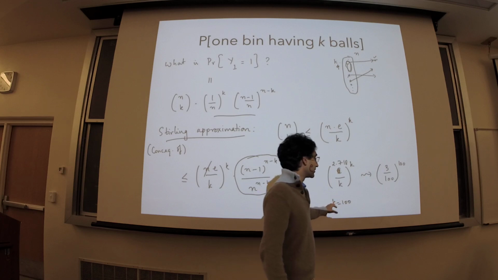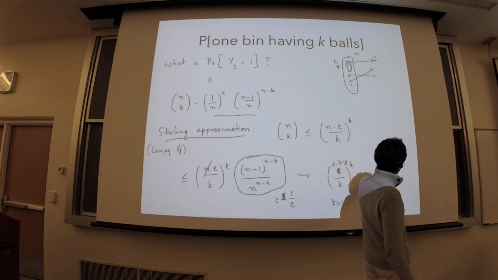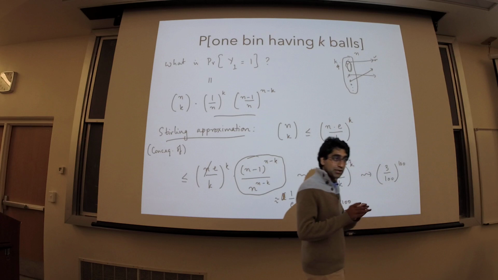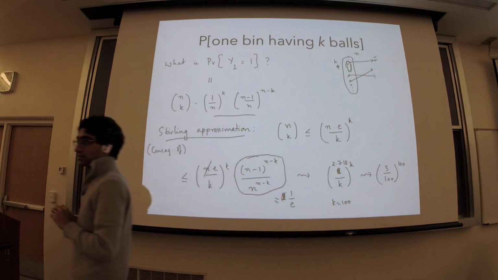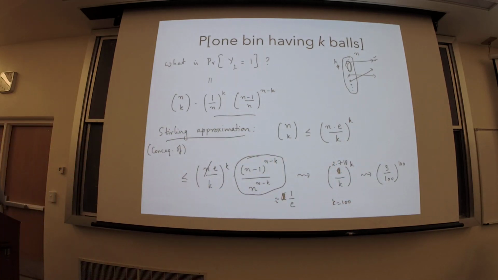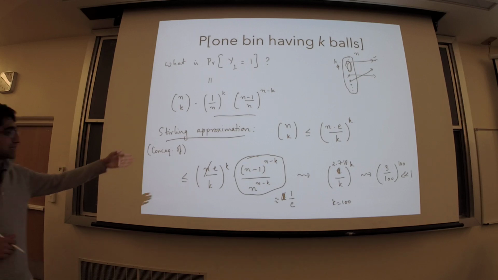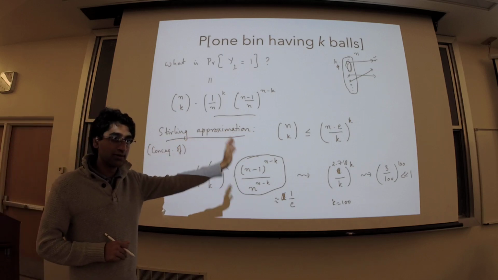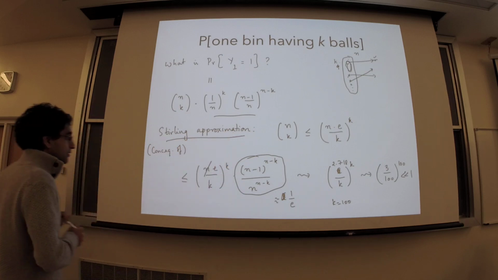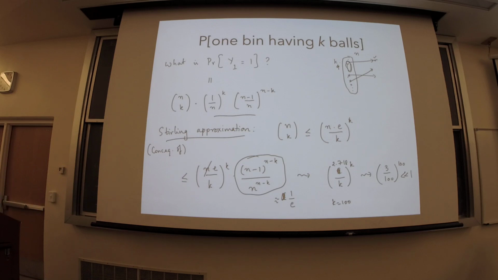Even when k is 100, this is some tiny number to the power of 100, much smaller than 1. Last time we saw that for 4, this was a reasonably big quantity, like 1 by 65 or something. But as k grows, this number really drops.